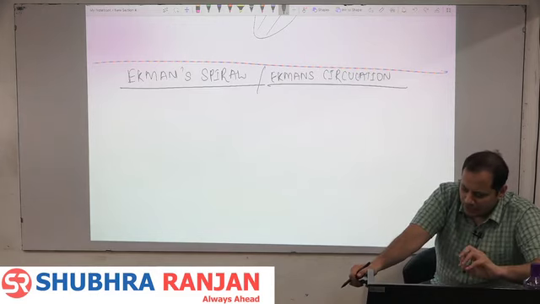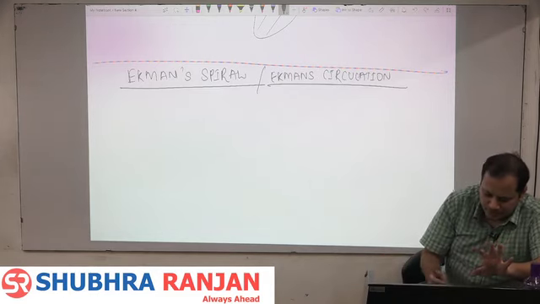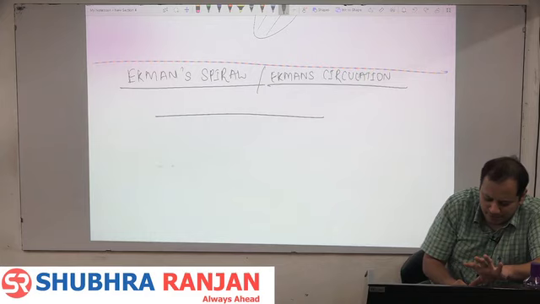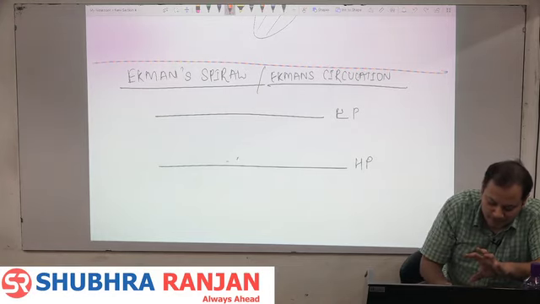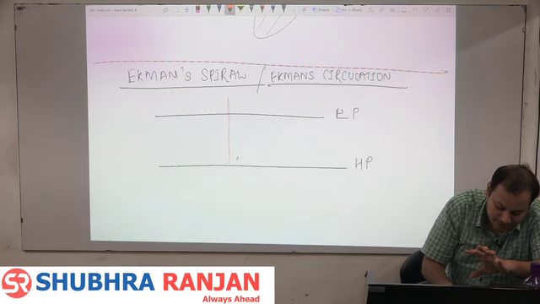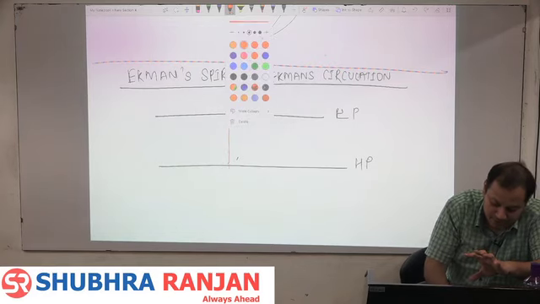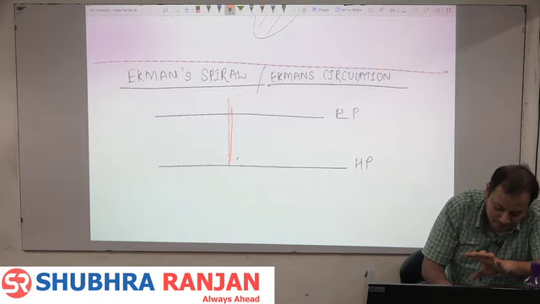Now, those who don't know climate, and even those who know the climate, you know winds always flow from high pressure to low pressure. Why? Because wind is attracted by a force known as the pressure gradient force. So the pressure gradient force, that is the difference in the pressure conditions, always acts from high pressure to low pressure. So can I say this is the direction of the pressure gradient force?